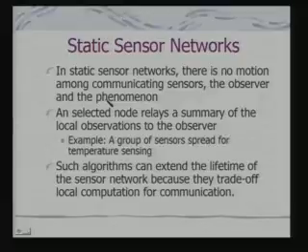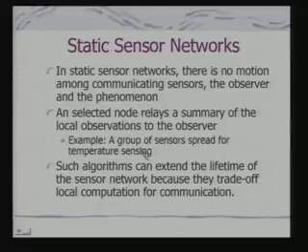So, everything is static, and a selected node relays a summary of the local observations to the user. It can be a group of sensors spread for distributed temperature sensing. If I am interested in monitoring microclimatic conditions, I can put temperature sensors distributed over an agricultural field, and then I can have the data relayed to the observer.